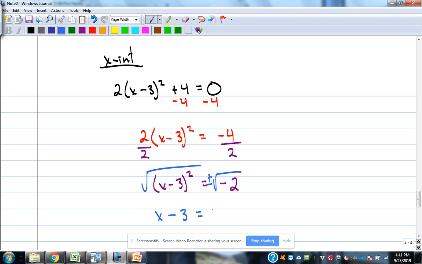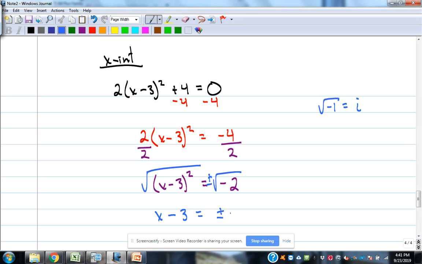And then we can simplify that. You guys remember what the square root of a negative does? What comes out? Maybe from the dim distant past. Anytime you take the square root of a negative number, an i can come out. The imaginary number system or complex number system.